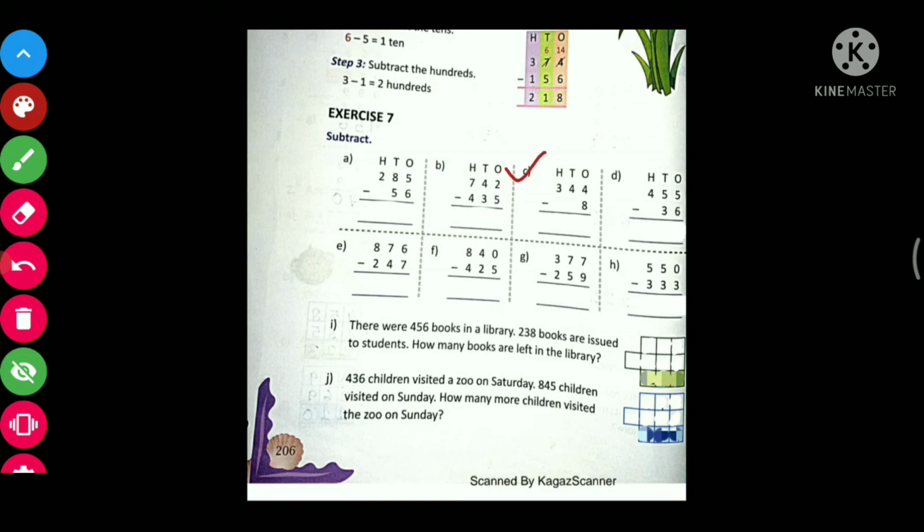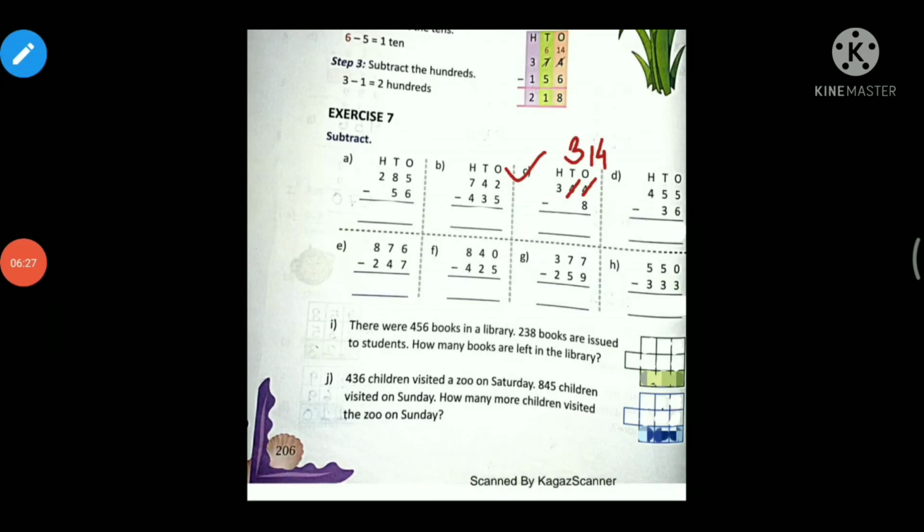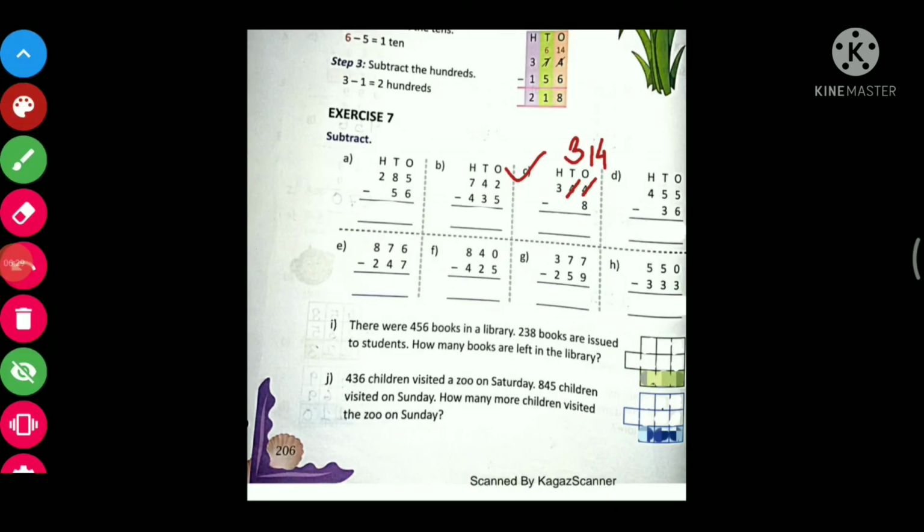Now see C part. In ones place 4 is there. Is it possible to cut 8 lines if 4 lines are given? No, right? So it will borrow from the tens place value. This tens place value will become 3 and this will become 14. Now just subtract 8 from 14.